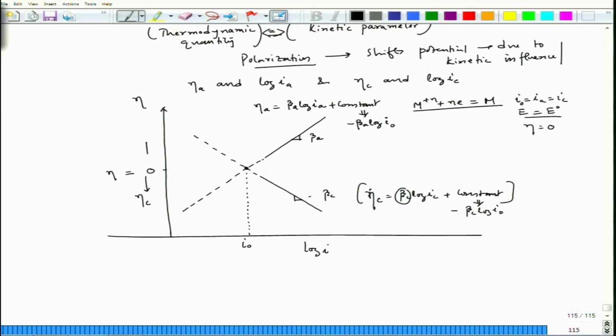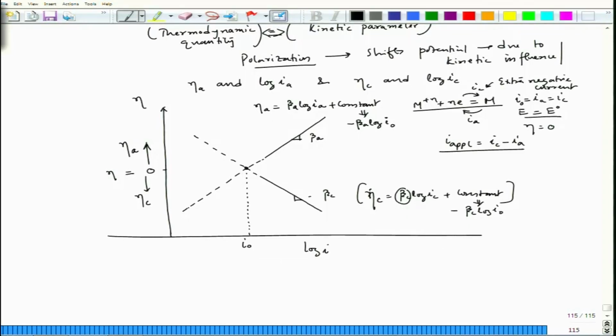So, this is eta C and this is anodic polarization eta A. Now, let us see what happens if we send a preferential current, that means this is I C, this is I A, and when I send extra negative current, then I would get I applied equal to I C minus I A, that is the difference.